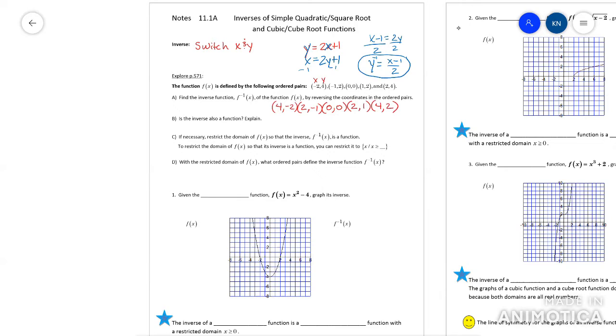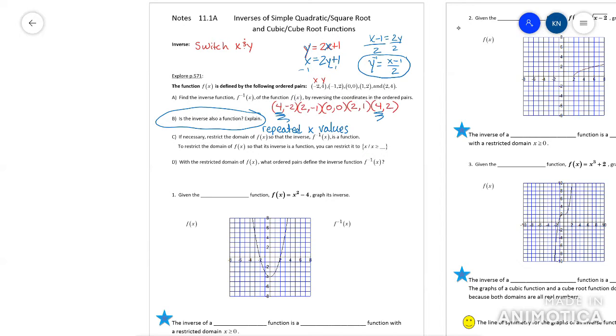Is the inverse also a function? They're going to ask this question right here. And what you have to look for is repeating x values. Like when you look at this, you see 4 and 4.